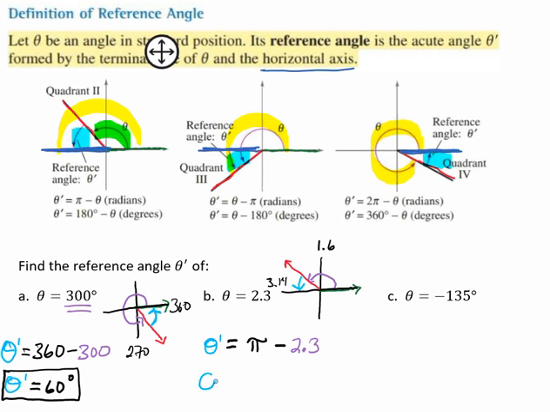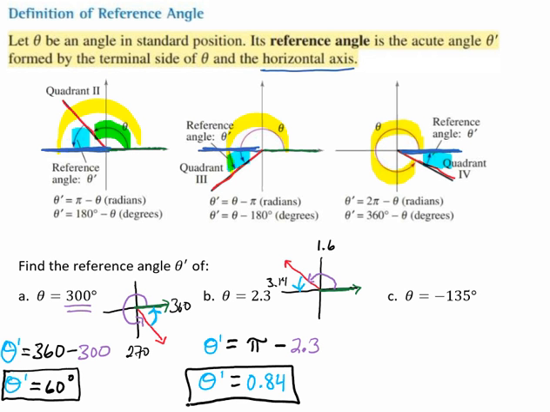So when we take pi and subtract our 2.3 from it, that is going to give us a value of approximately 0.84159. So we're going to round that off to be approximately 0.84. And now we've found the reference angle there.